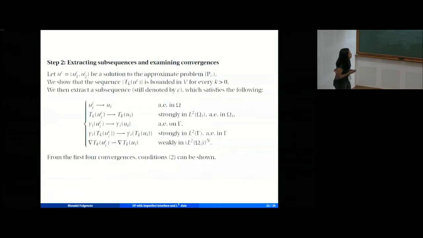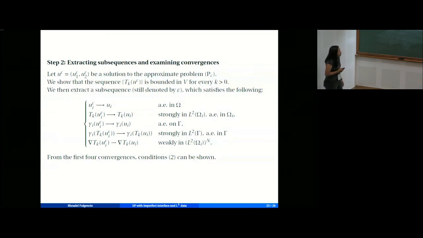So the next step is to extract subsequences. I'm almost done. Extracting subsequences and examining some convergences. So if U epsilon is a solution of the approximate problem, then we can show that Tk of U epsilon is a bounded sequence in V. And by extracting some subsequence, we can have these 5 convergences.